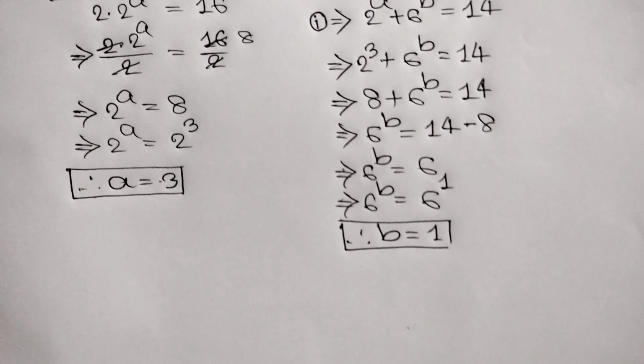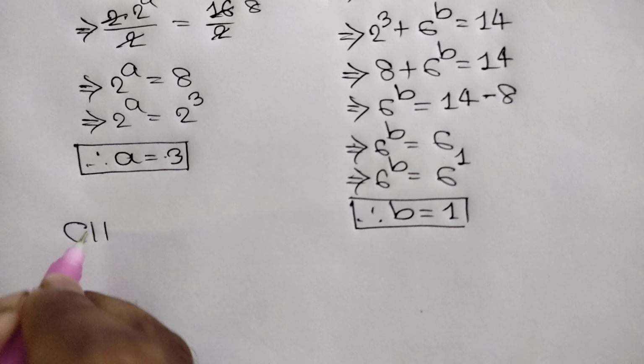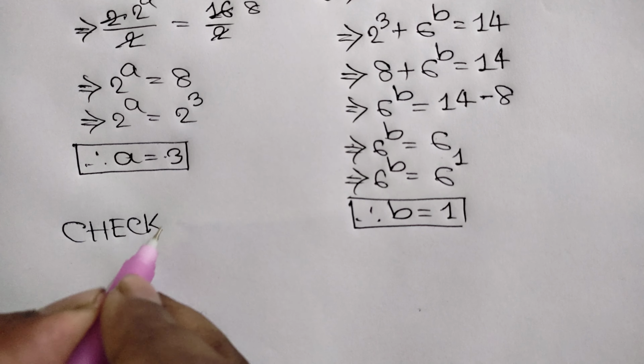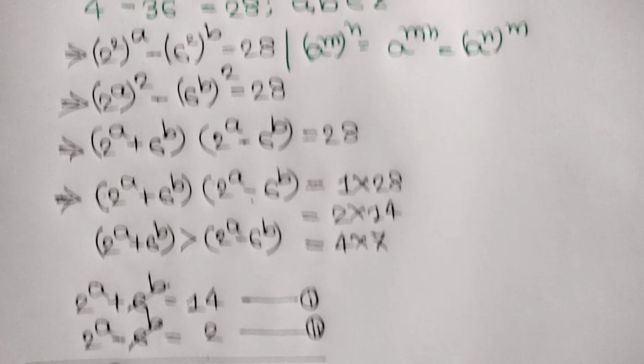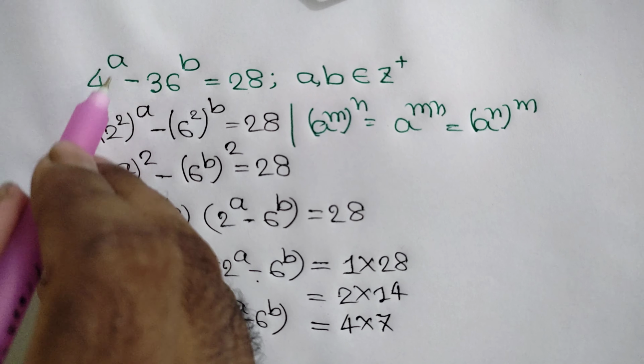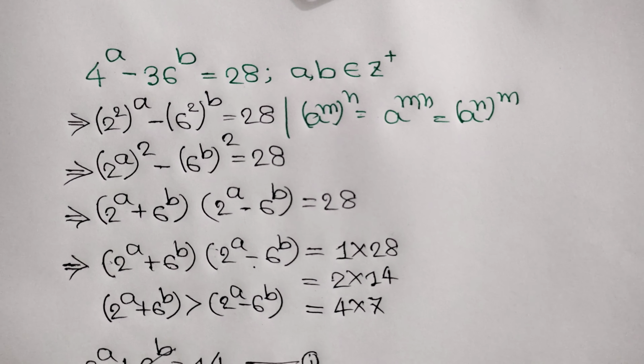Okay, now check. Our question is: given 4 to the power a minus 36 to the power b is equal to 28.